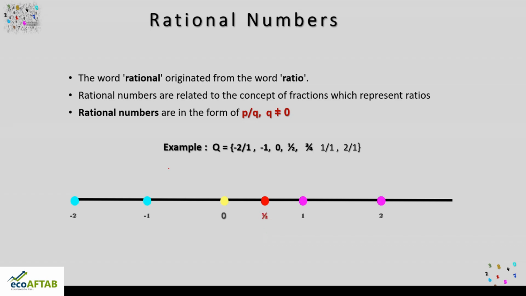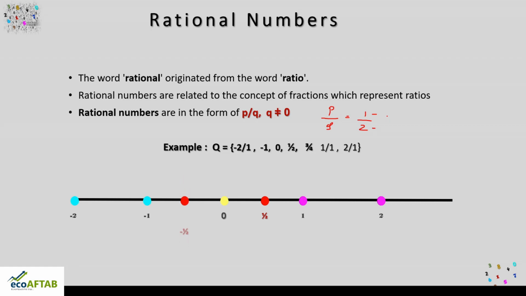So 1 by 2. Here, as we have written P by Q, you can see here P by Q. So here 1 by 2. 1 is an integer and 2 is also an integer, and when these two integers are written in the form of a fraction or ratio, it becomes a rational number. So half is one example.